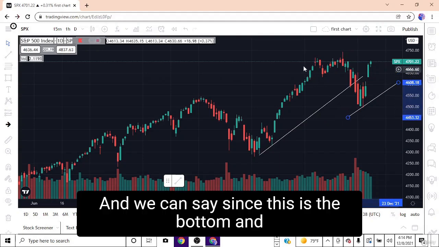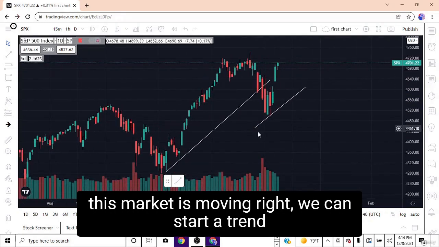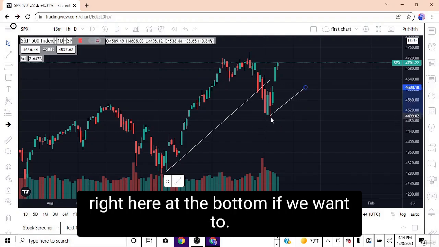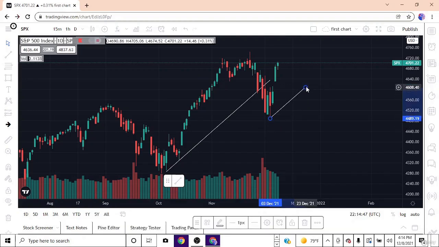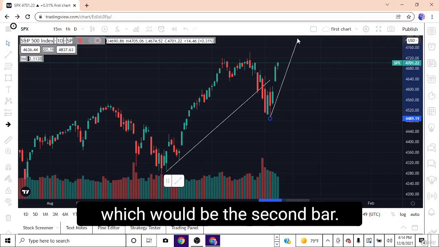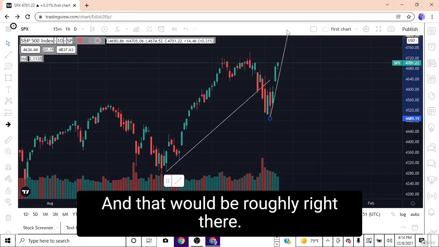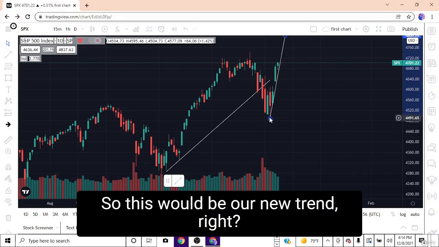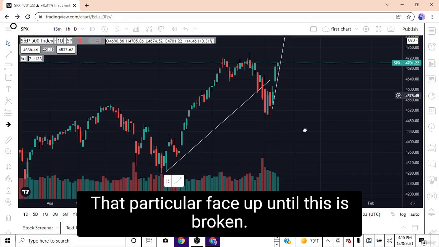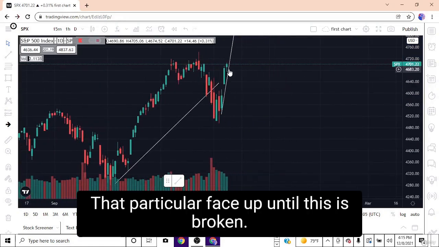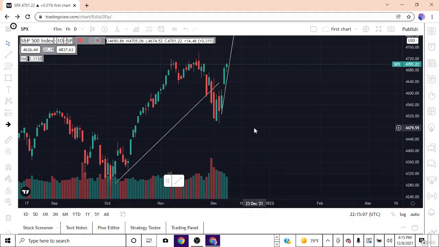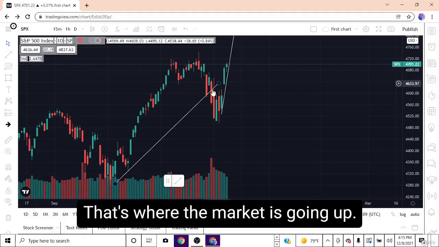And we can say, since this is the bottom and this market is moving, we can start a trend right here at the bottom if we want to, but we have to follow that rule, which would be the second bar, and that would be roughly right there. So this would be our new trend, right? That particular pace up. Until this is broken, that's the trend. That's where the market is going up.